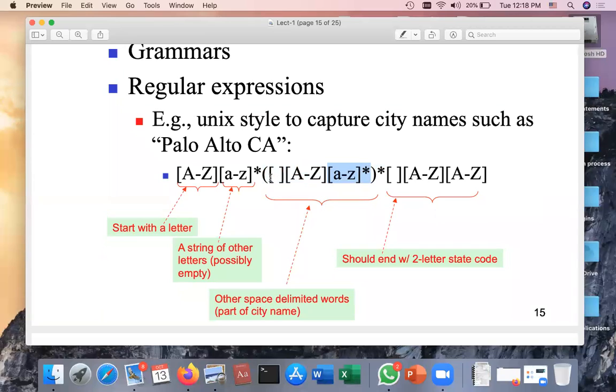This space can be generated from this part. This capital letter can be generated from this part, and this part can only produce all possible strings with lowercase letters, which means LTO, but there is a parenthesis over it.